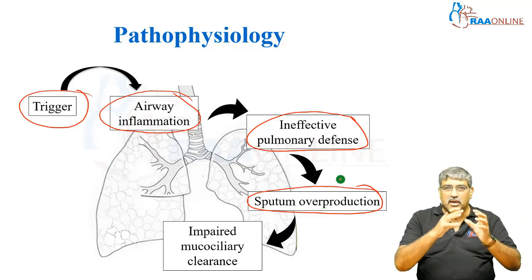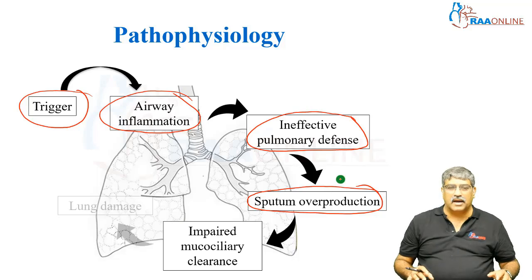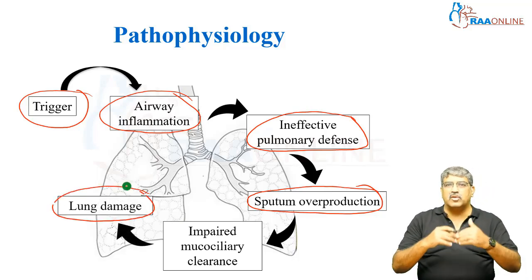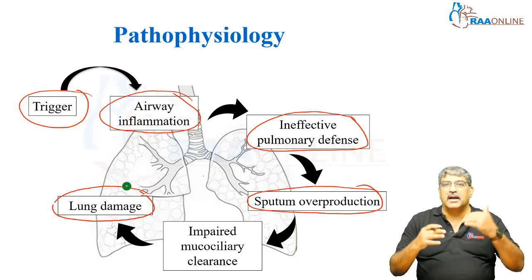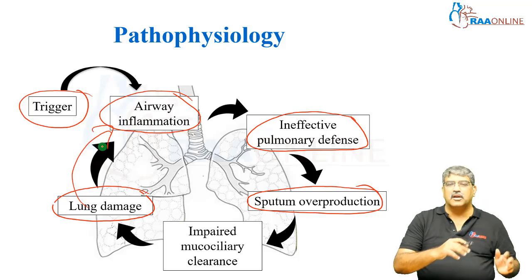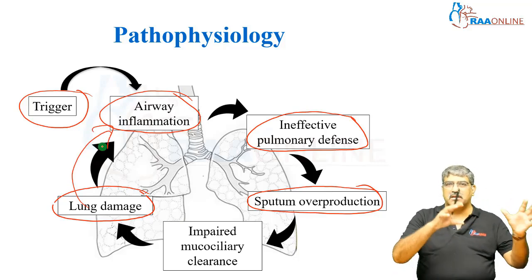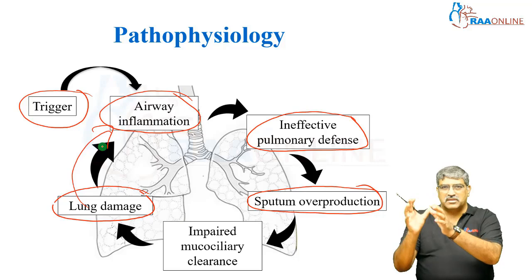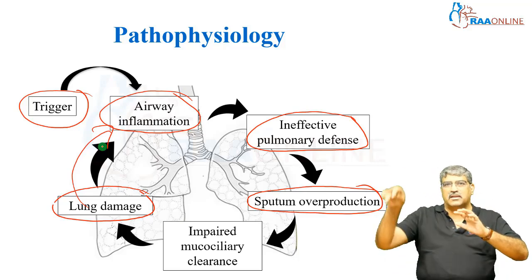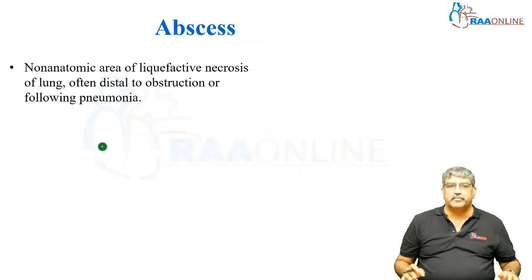So, there is going to be a lot of mucus inside the airway, and as the retained secretion has happened, more and more secretion is retained in the lung, and there is going to be lung damage, and the cycle continues. So, infection, inflammation, ineffective clearance, retained mucus, lung damage happens, and the cycle goes on.